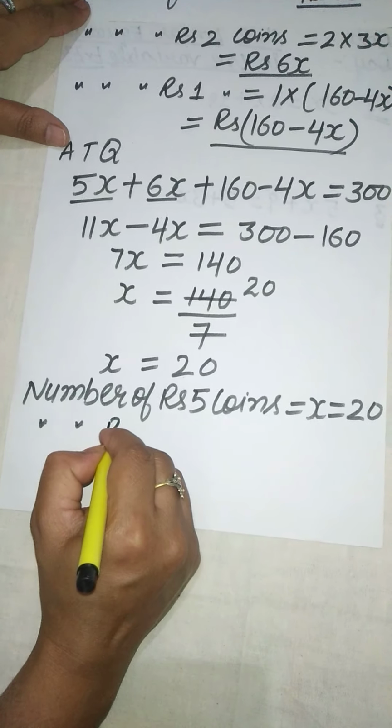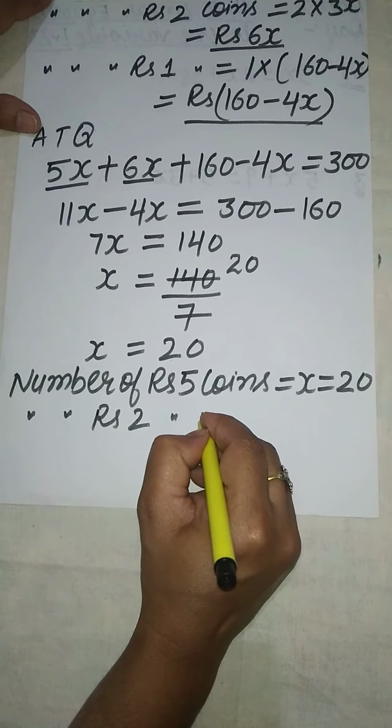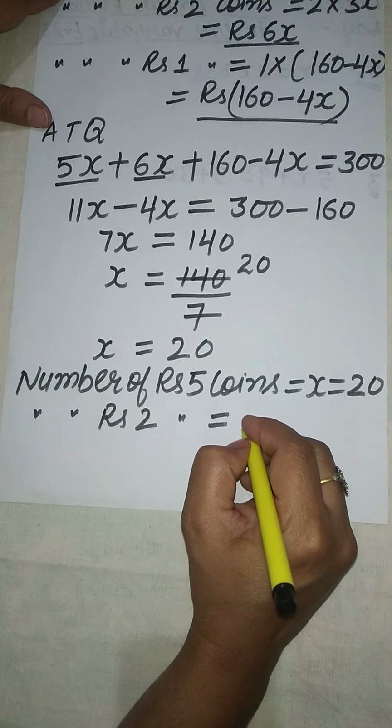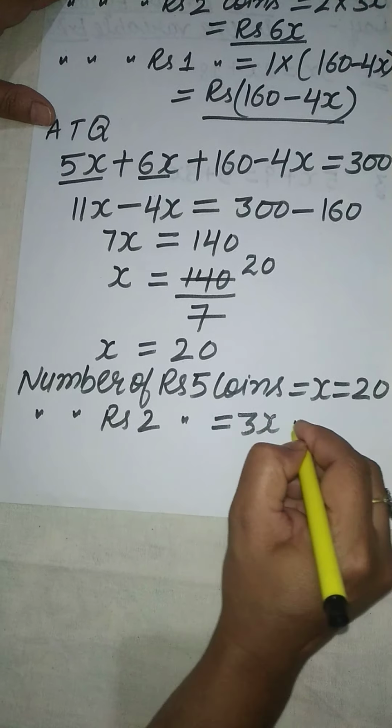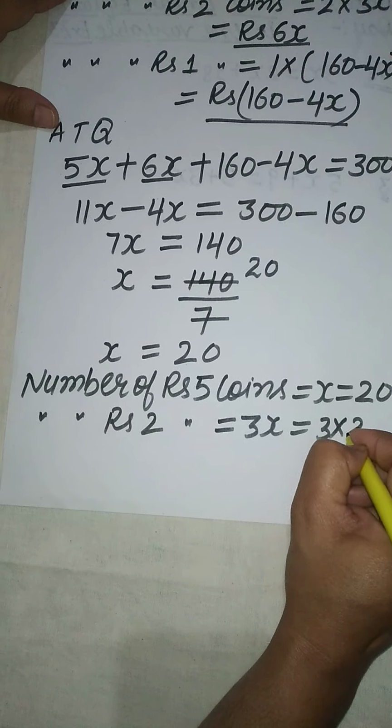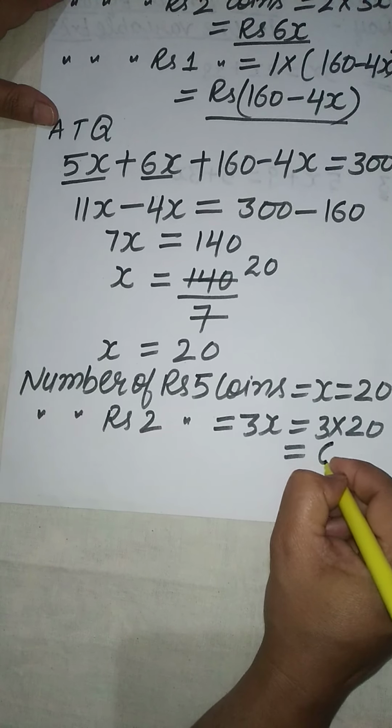The number of rupees 2 coins is equal to 3x, that is 3 multiplied by 20, which is equal to 60.